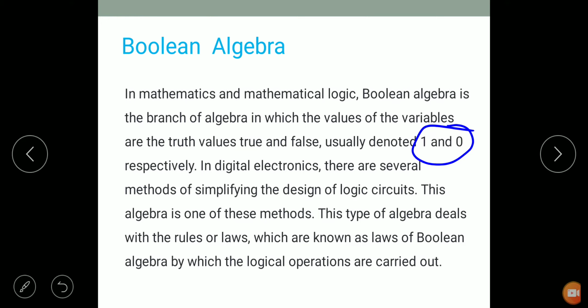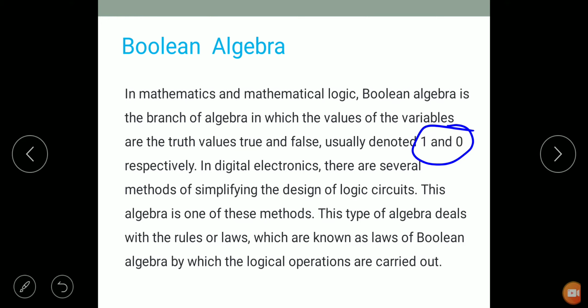Symbols used in Boolean algebra are usually letters, and they do not represent numerical values. Arithmetic operations like addition, subtraction, division, and multiplication are not performed in Boolean algebra.